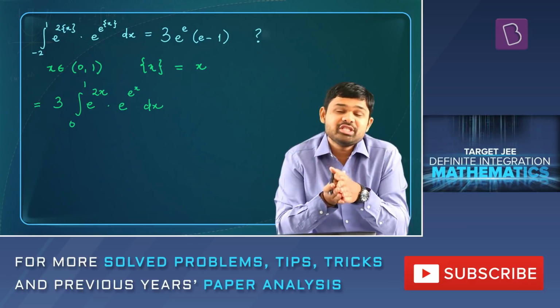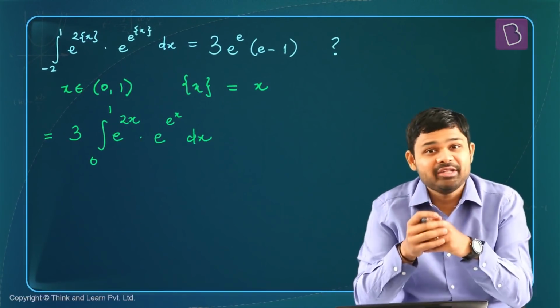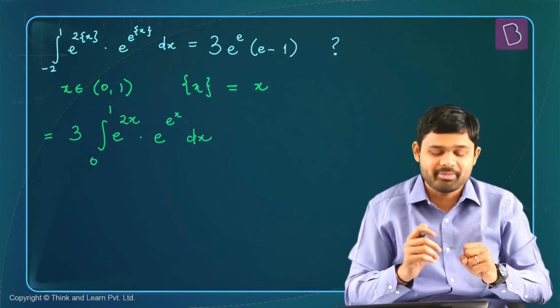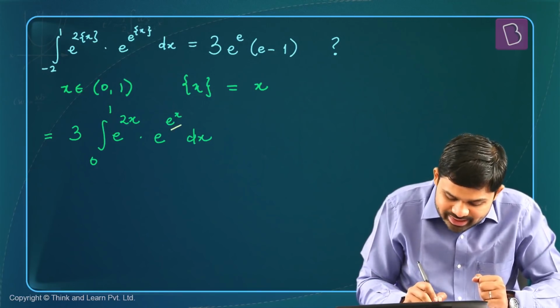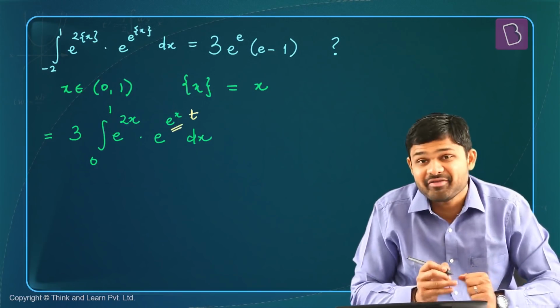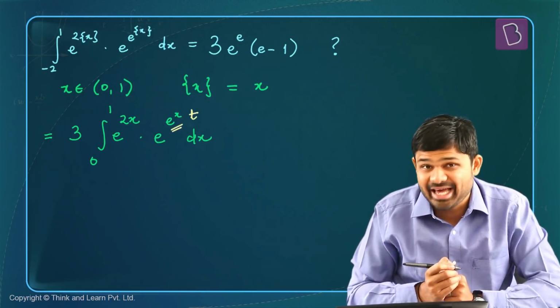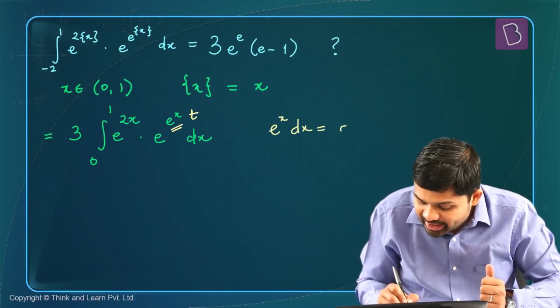The reason why I do this is because of the periodicity of the fractional part of x and the fact that the fractional part of x is equal to x in 0 to 1. So that's the domain that I'm going to consider. Now how do we solve this question? I'm going to consider e power x as my variable t. Then e power x dx becomes dt.